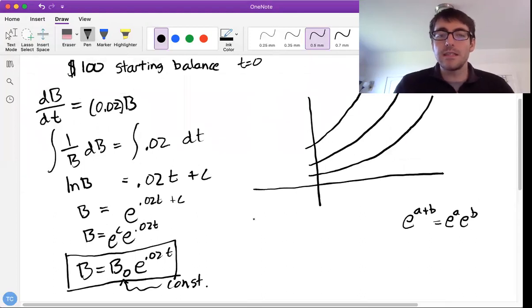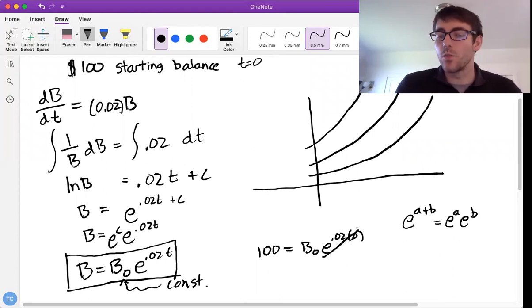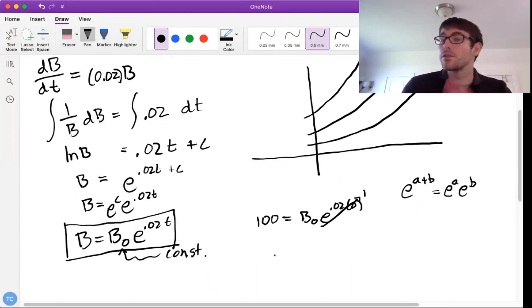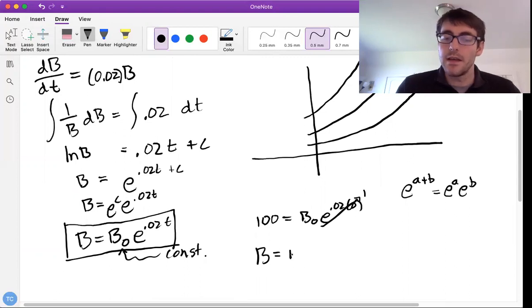If we plug in t equals 0 and b equals 100 into this equation, we get 100 equals b0 e to the 0.02 times 0. Well, e to the 0 is just 1. So this whole thing says that b0 equals 100. So the particular solution we're looking for is that our balance is 100 e to the 0.02t.